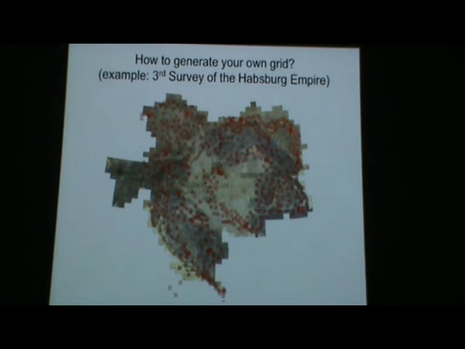Okay, we generated a grid for the third military mapping, the 1 to 75,000 Spezialkarte set, using the Ergebnisse data.